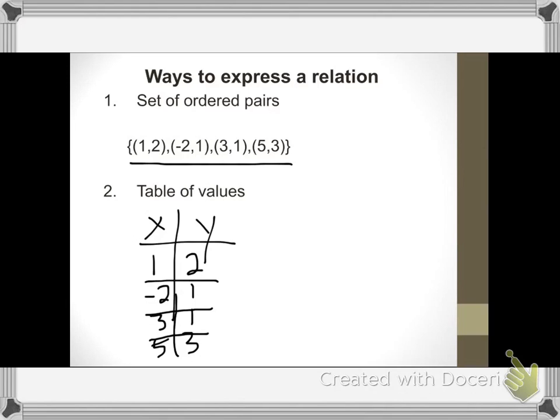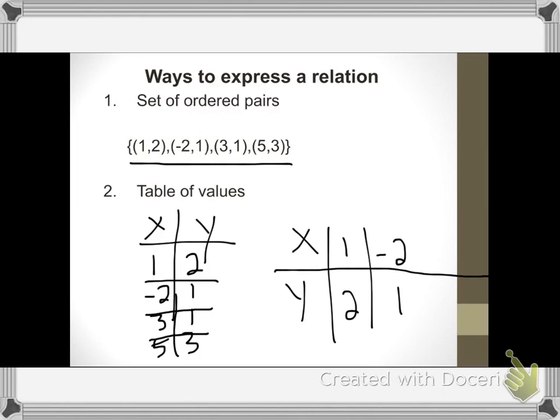You could also see it horizontally, where your x values are on top, your y values on bottom. So 1, 2, negative 2, 1, 3, 1, and 5, 3. So a set of ordered pairs, table of values. That's two ways to represent a relation.